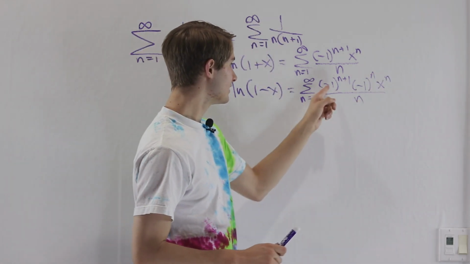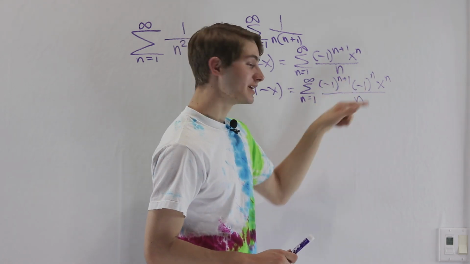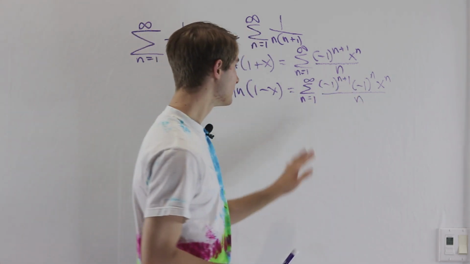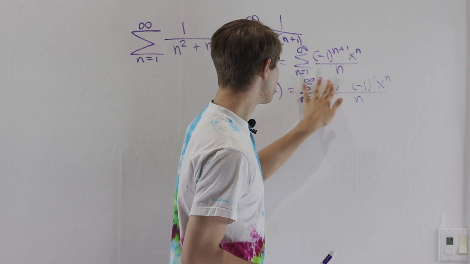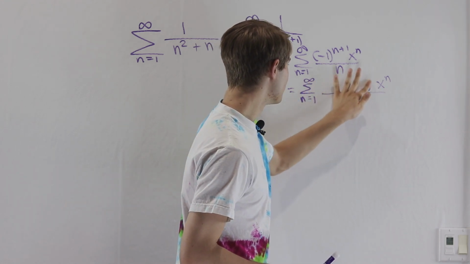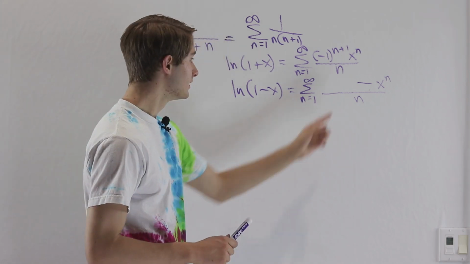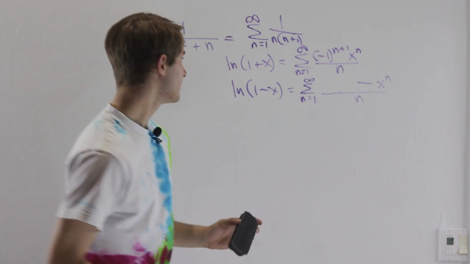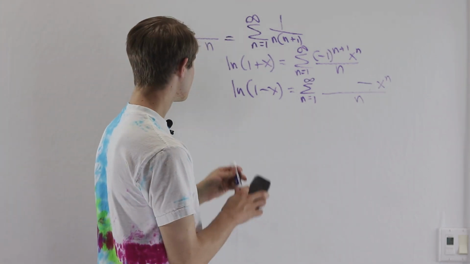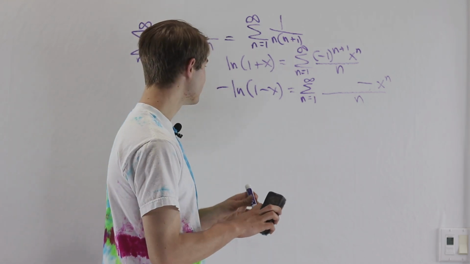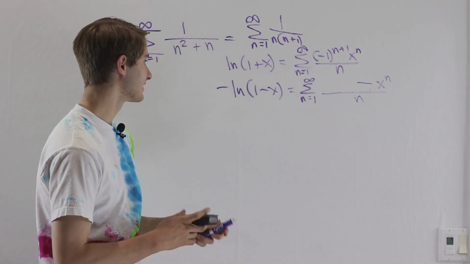And then if we do negative 1 to the n times negative 1 to the n, that cancels out, and we're just going to be left with a single negative 1 left, because negative 1 to the 2n is just 1. And if we want to get rid of that final negative, we can just put a negative sign right in front of our natural log, just like that.